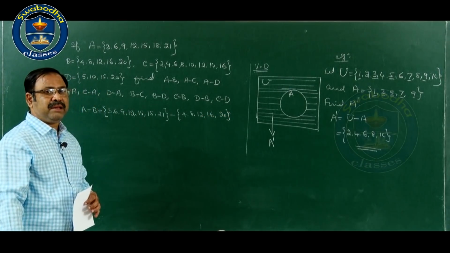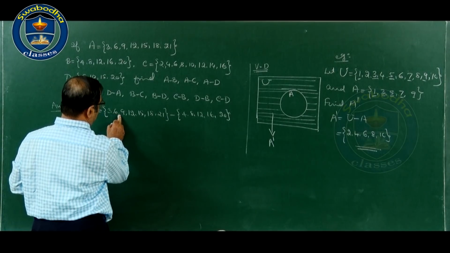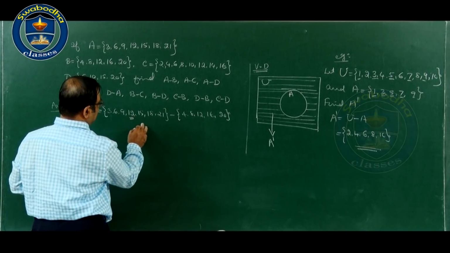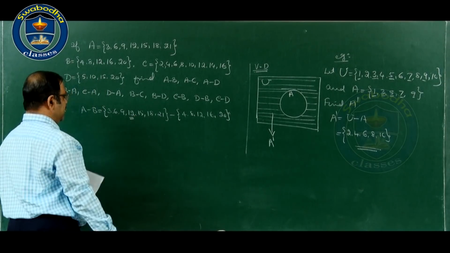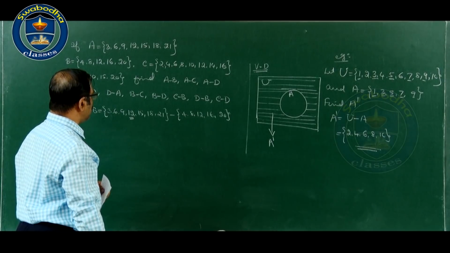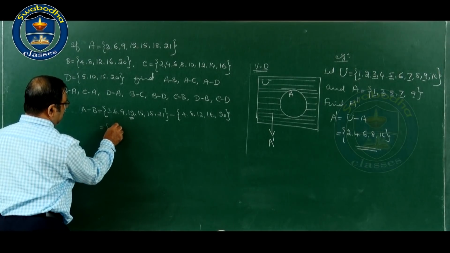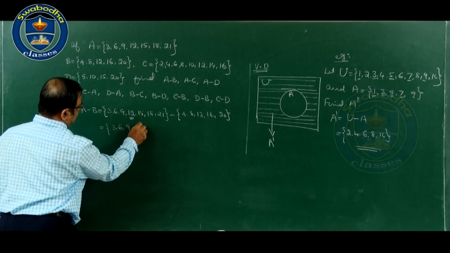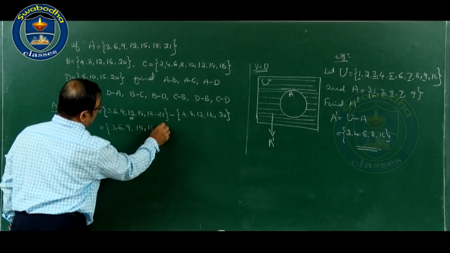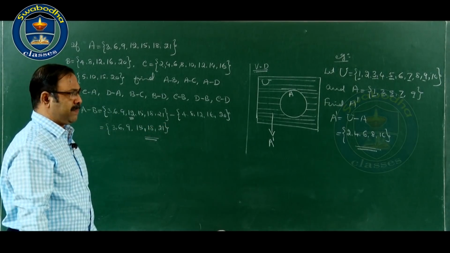Identify the common elements. 3, 6 not there, 4, 8 not there, 12 is there. 16 is not there, 20 is not there. So only 12 is common to A and B. So this is nothing but 3, 6, 9, 15, 18, 21. So this is A minus B.